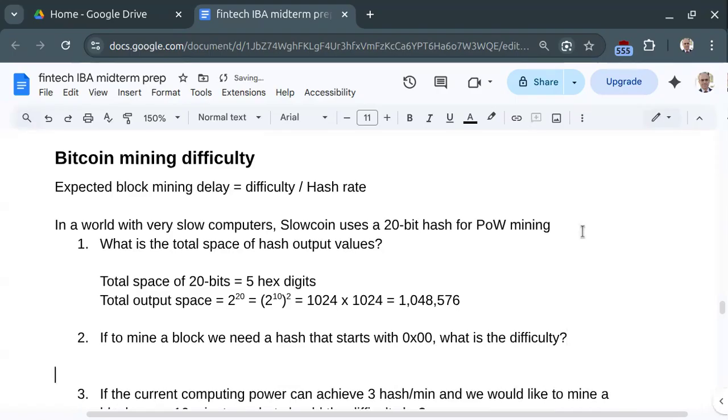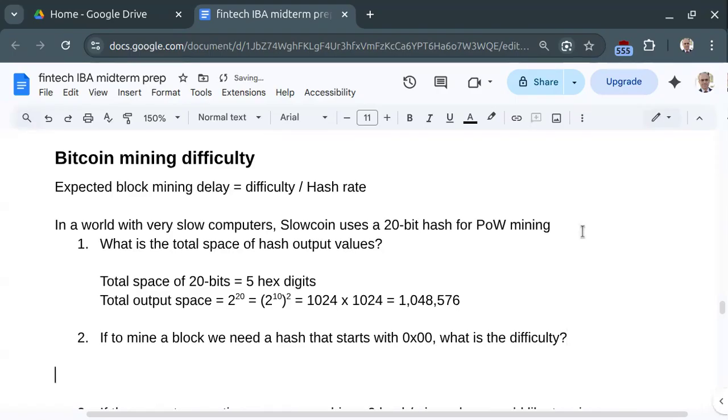Remember the difficulty, what is the definition of difficulty? Well, there are two definitions of difficulty. One definition of difficulty is the number of expected tries before I get a winning hash.